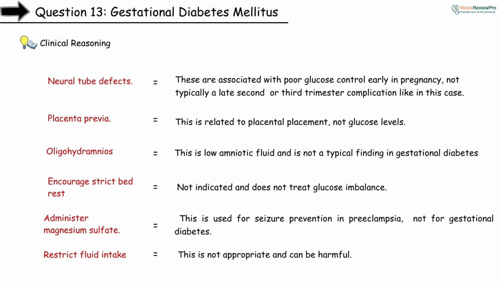Oligohydramnios. This is low amniotic fluid and is not a typical finding in gestational diabetes. Encourage strict bed rest. Not indicated and does not treat glucose imbalance. Administer magnesium sulfate. This is used for seizure prevention in preeclampsia, not for gestational diabetes. Restrict fluid intake. This is not appropriate and can be harmful.